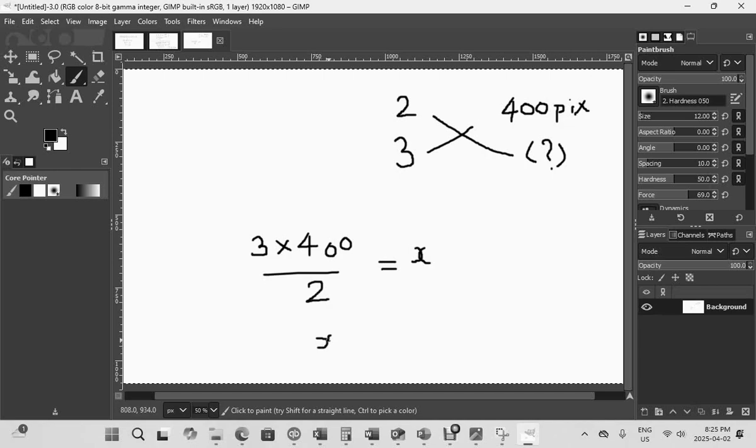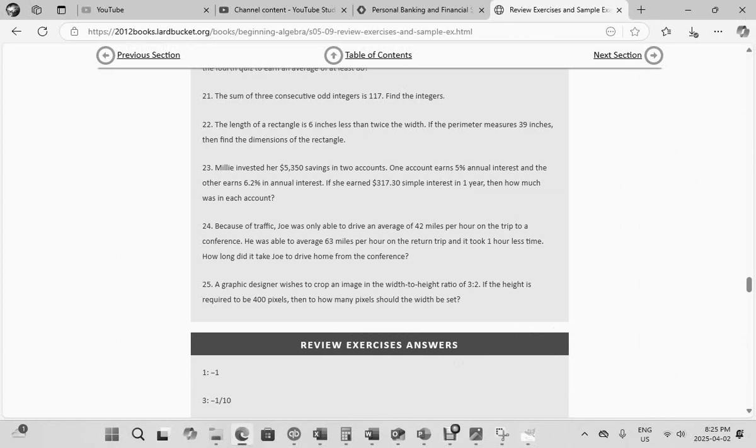So your x will be 400 times 3, which will be 1200, divided by 2. This will be 600 pixels. So we know that your height should be 400 pixels and your width should be 600.